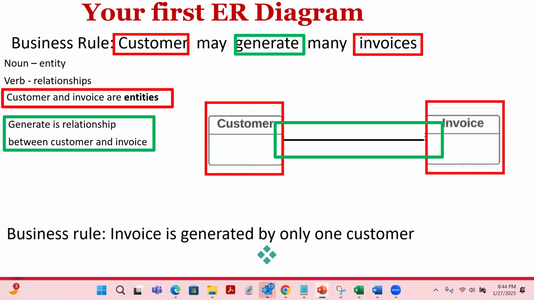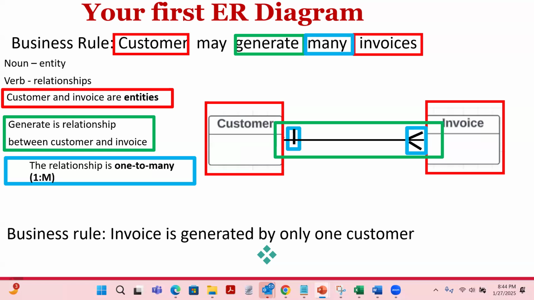Okay. Now we have entities, we have relationships. Now we need to understand what type of relationship we have here. First of all, we need to understand whether the relationship is one-to-many and whether it's optional or mandatory. So we have the word many here. Customer may generate many invoices.